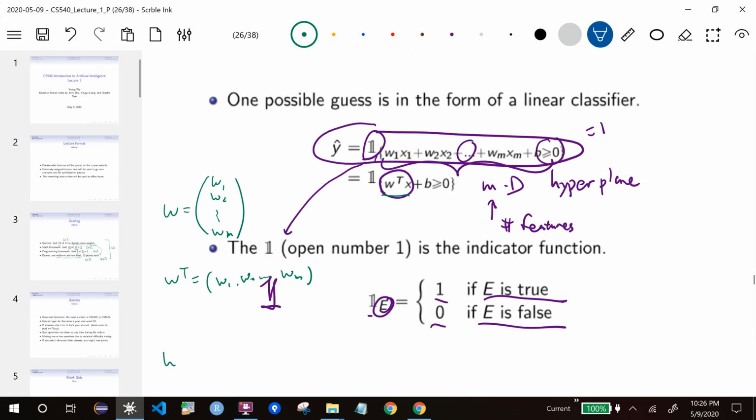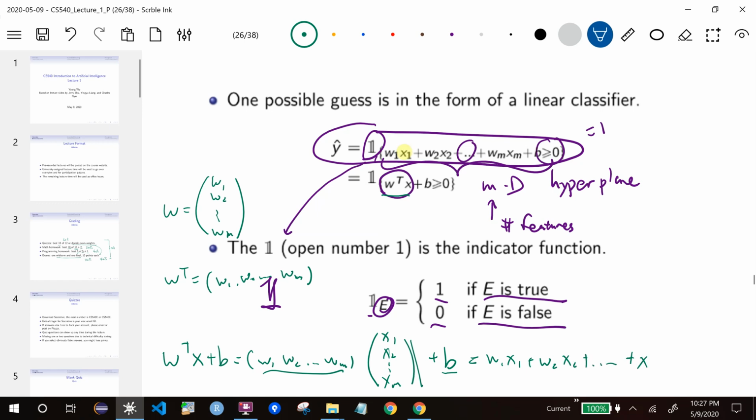So w transpose x plus b is a matrix multiplied by the x vector, plus b. When you do matrix multiplication, you do a row dot product a column, and add the b. So it's w1 x1 plus w2 x2 plus so on plus wm xm plus b, which is exactly the thing we had.